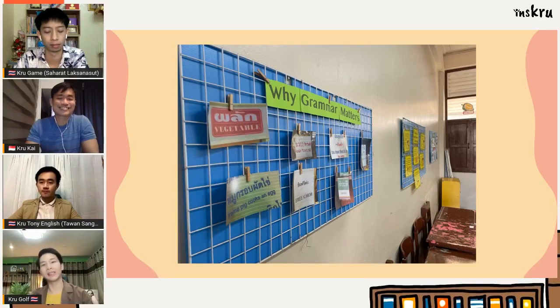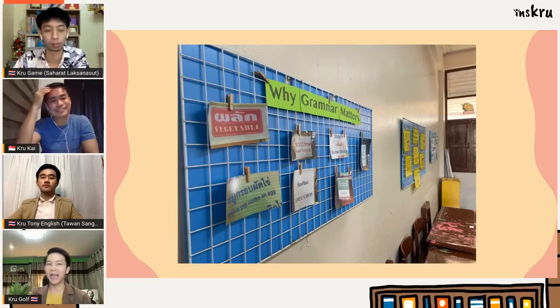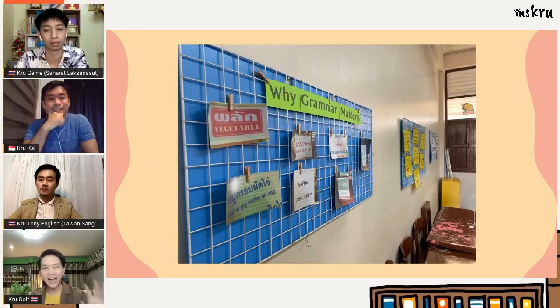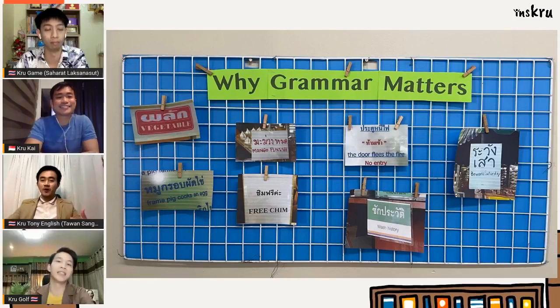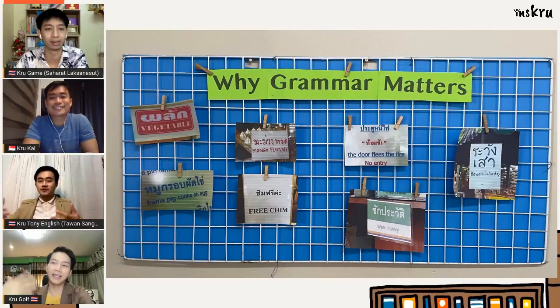If they notice anything not so correct on signboards or products, they take a picture and send it to me, and I will put it on the board. So it's teaching students to observe and notice the language. It's a lively board, and really fun.